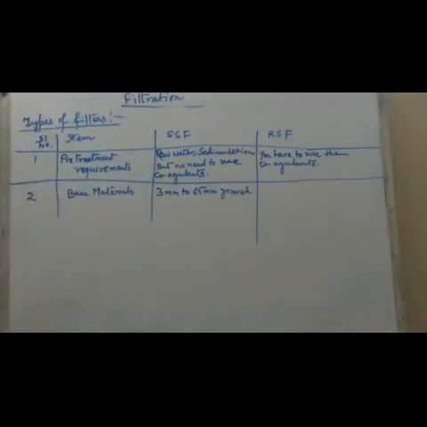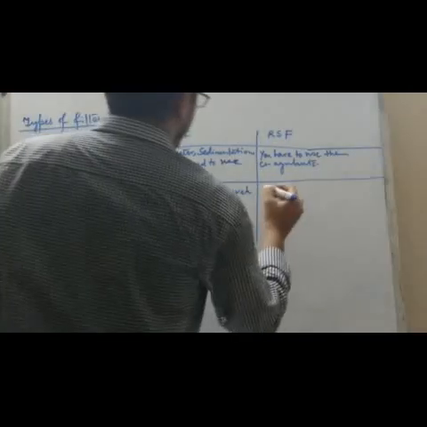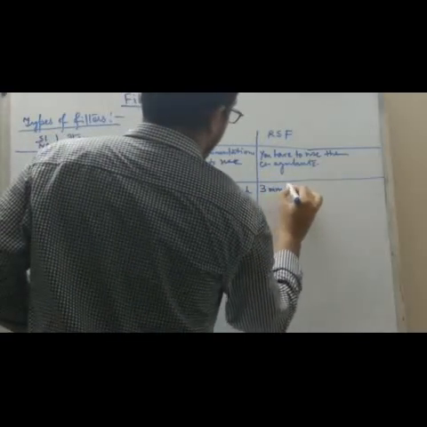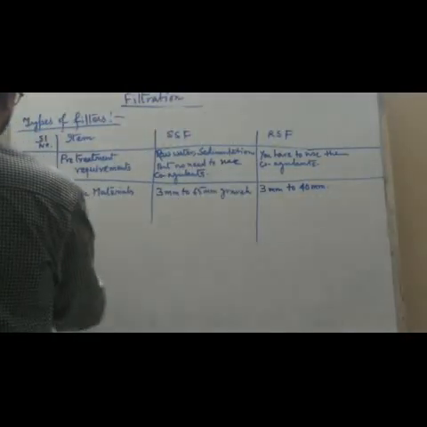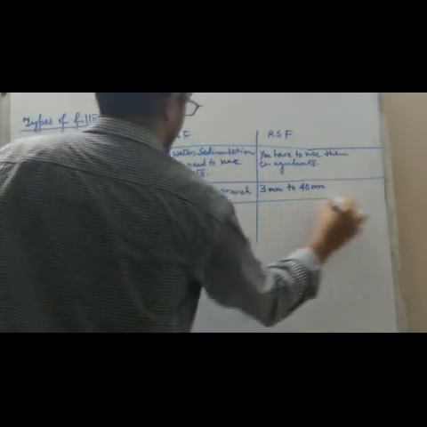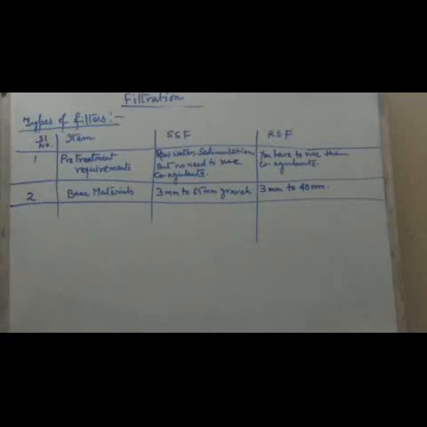And for the rapid sand filter, this size is 3 mm to 40 mm. So this is all about base material.